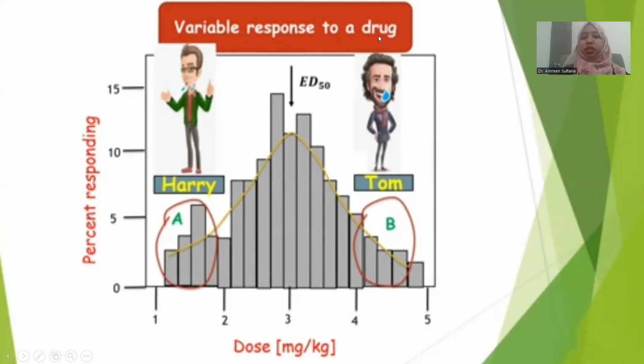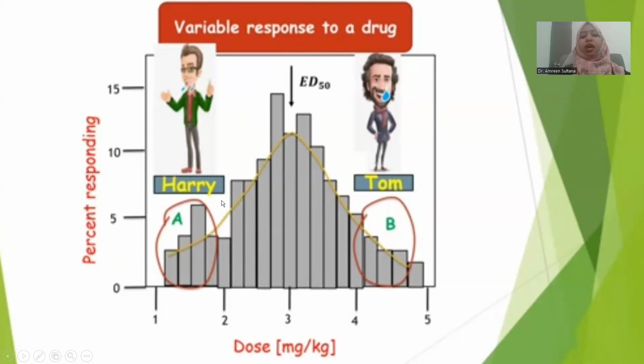In the general population, the variable response to a drug is thought to follow a normal distribution about a mean or average value, that is ED50.